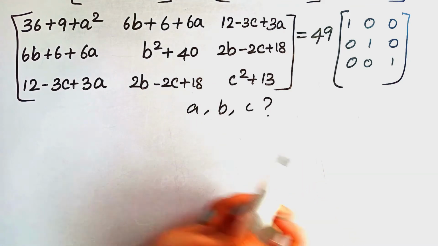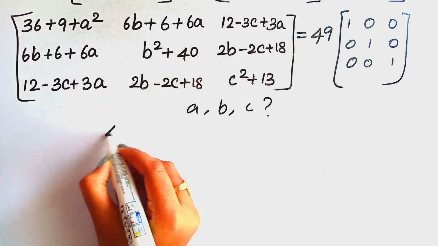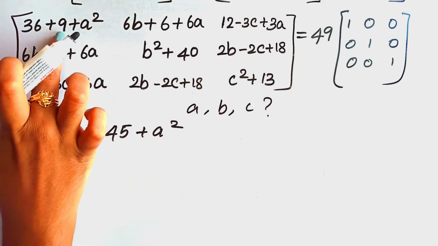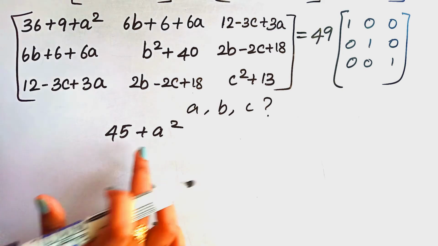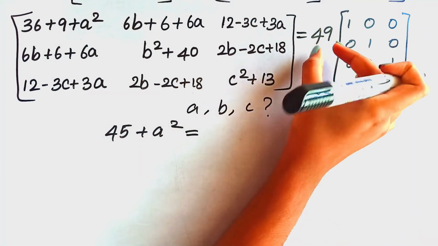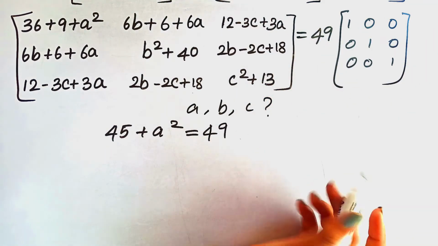So look at the first equation, 36 plus 9 is nothing but 45. So 45 plus A square, and here the first row and first element is 45 plus A square, right? Is equal to, here the first row and first element is 49, so 49 into 1 we'll get an answer 49, right?